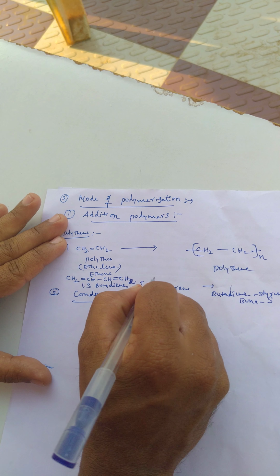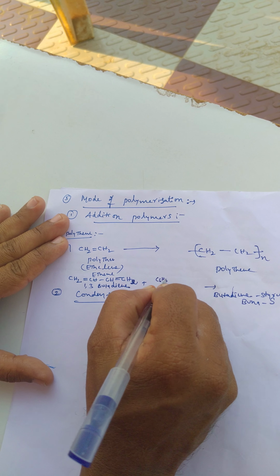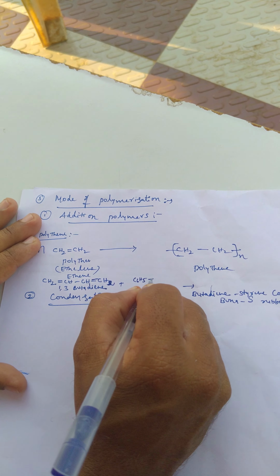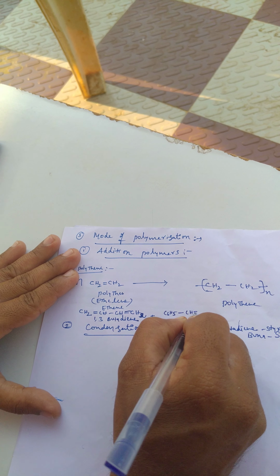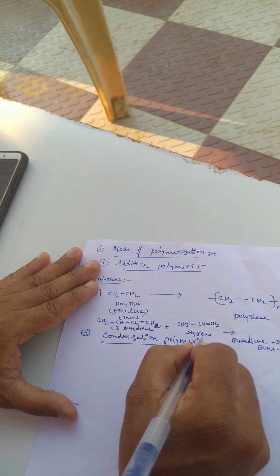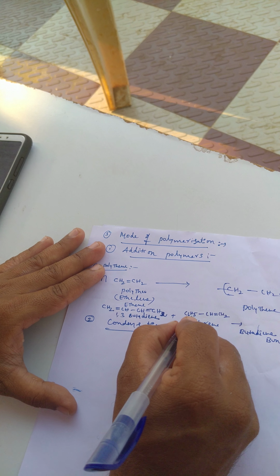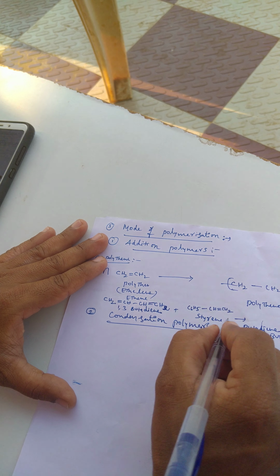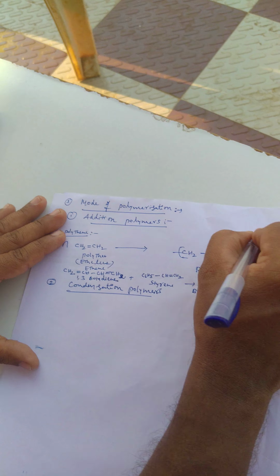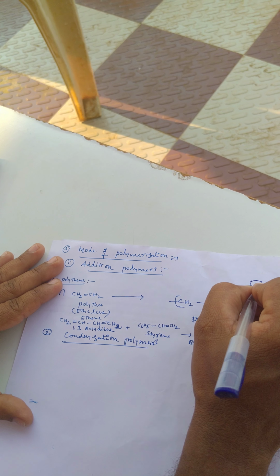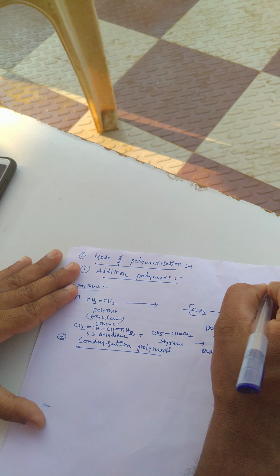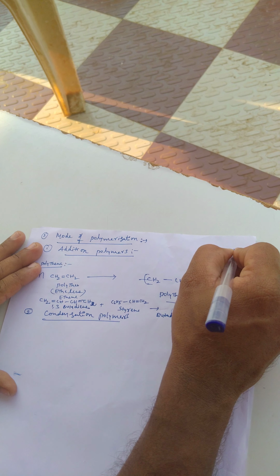And styrene. Styrene means a benzene ring, C6H5 is the benzene ring, and CH=CH2. This is called styrene. Here I'll write one more structure. This is also styrene, C6H5CH=CH2.